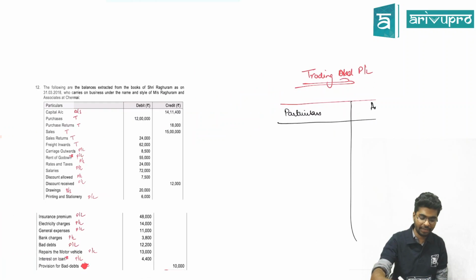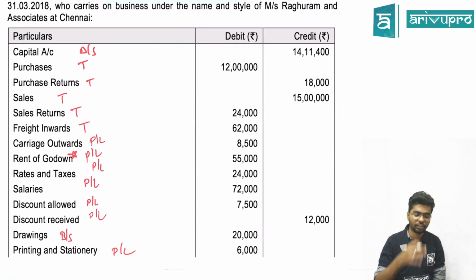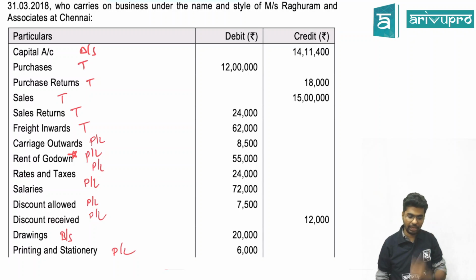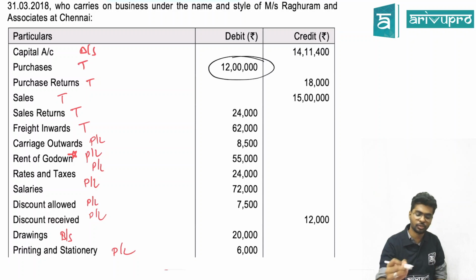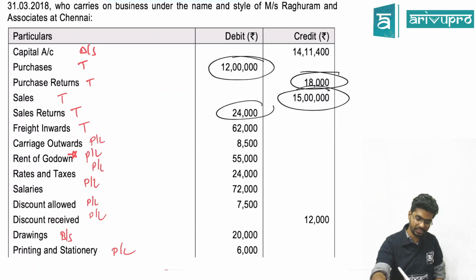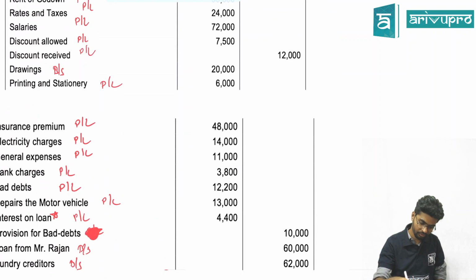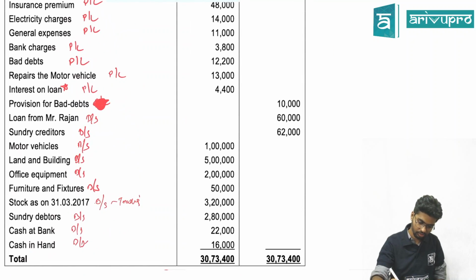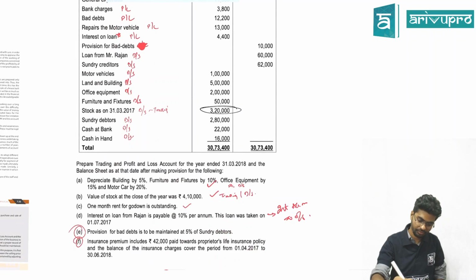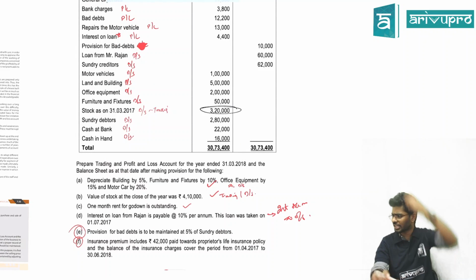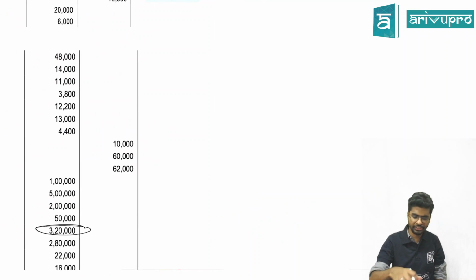So in the question, let me take out the items which are part of my trading. I have purchases 12 lakh, purchase return 18, then sales return, then freight inwards, then I have which more? Opening stock. Closing stock is an adjustment. We'll come back to it a little later. Only these items. So let's write it down.